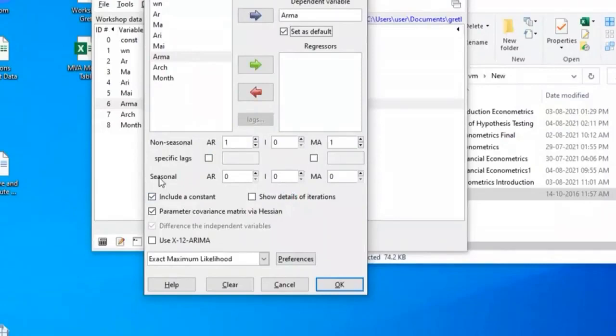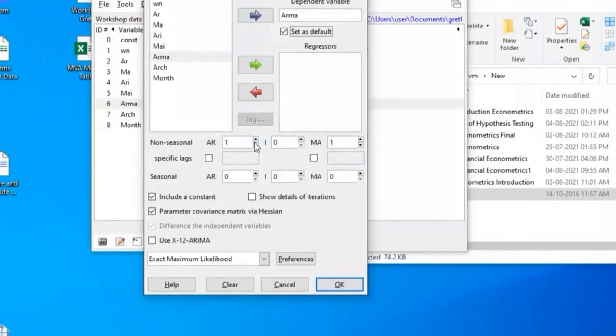Then we have seasonal AR and seasonal integration and seasonal MA terms. So both non-seasonal and seasonal ARIMA. If we have annual data, then we need not be worried about the seasonal, so only the non-seasonal one we can consider.